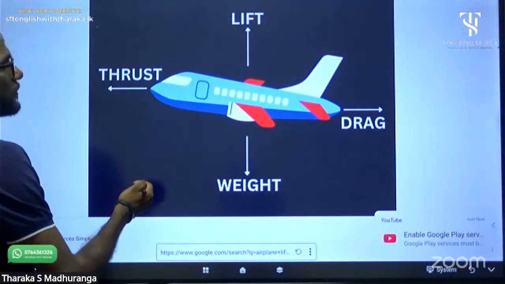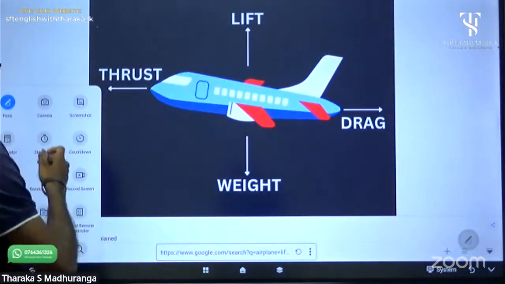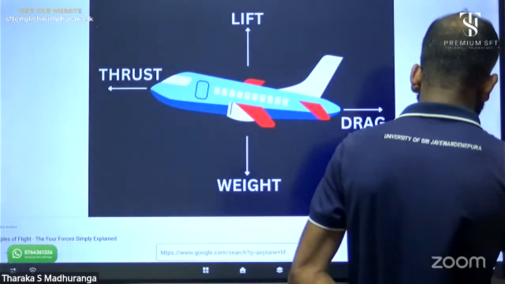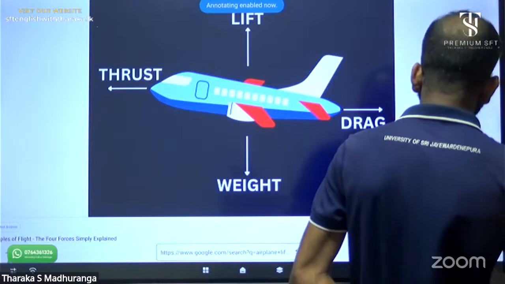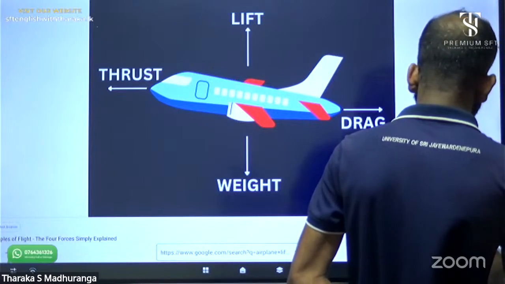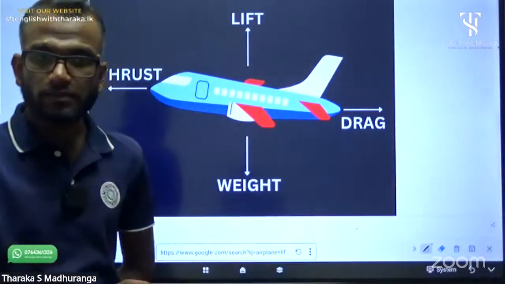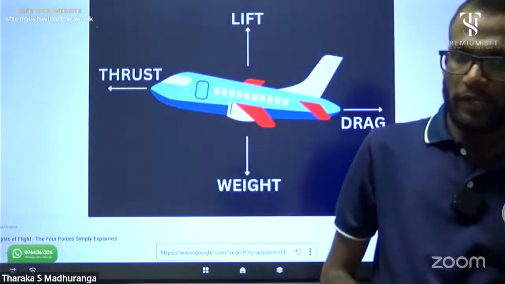I think this is the airplane at ground level now. This part is very, very important. Before moving to the applications, do you have any doubt up to this previous discussion? No, right?